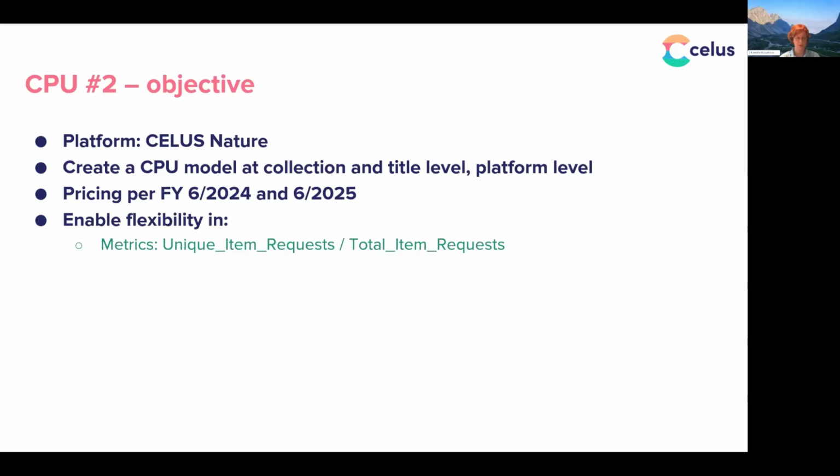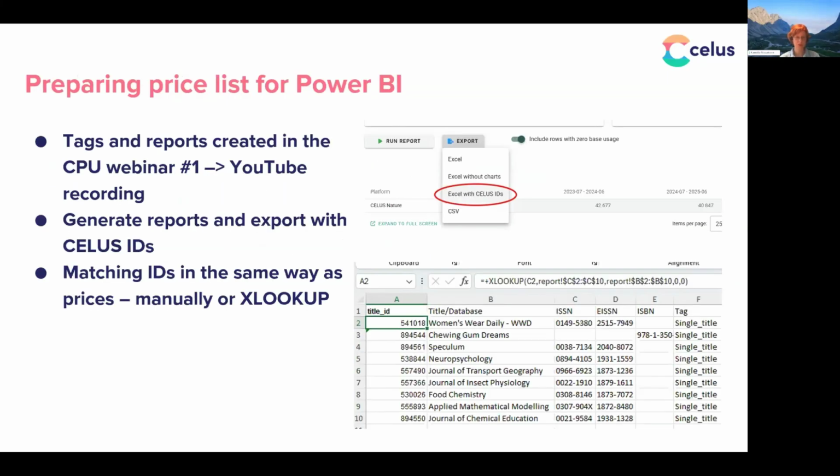We will have a choice between unique item requests and total item requests. We will be able to choose access types and access method. Into Power BI, we will enhance the price list which we were using last time, and we will do it in CELUS and Excel.